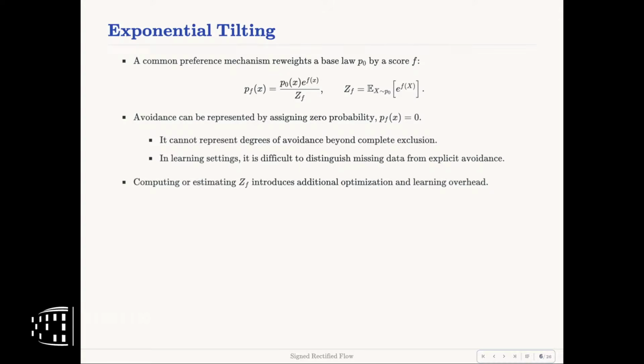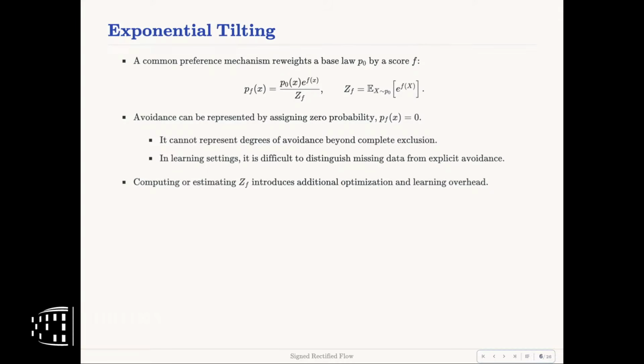However, this formula has some limitations. One is that, curiously, if you want to avoid something, the best you could do is to put a zero probability, right? That's all you can do, because probabilities are non-negative. You cannot encode stronger avoidance than zero, right?